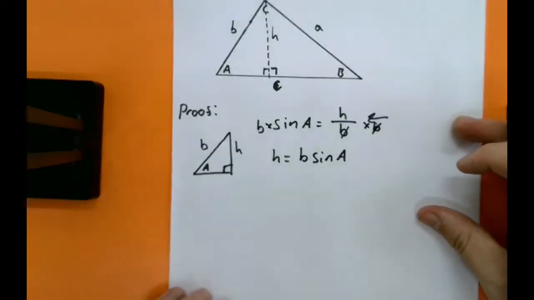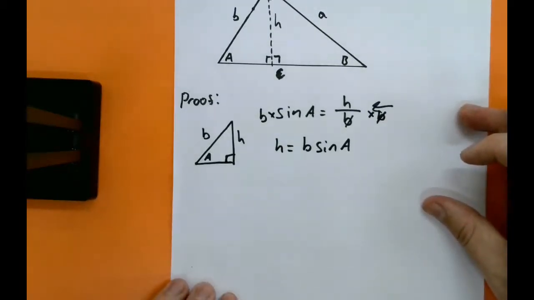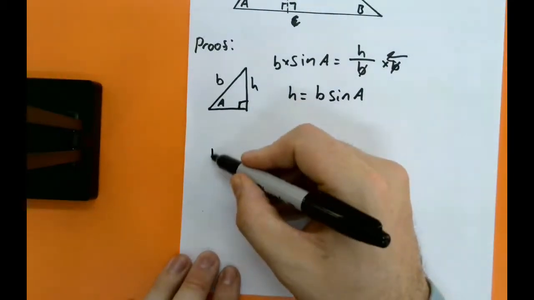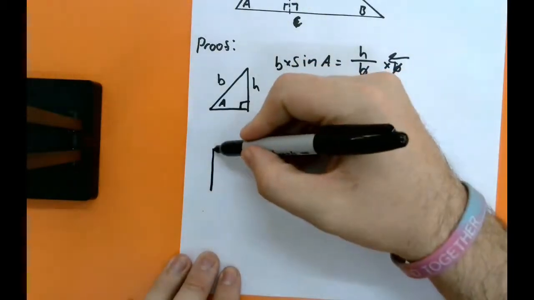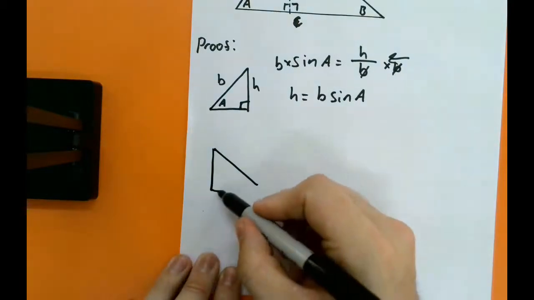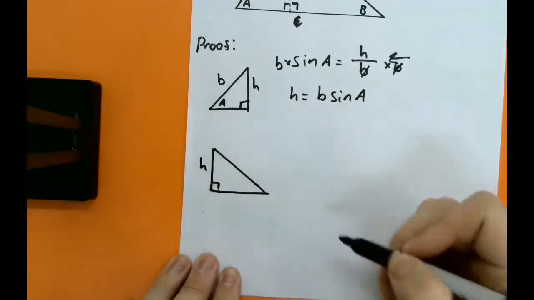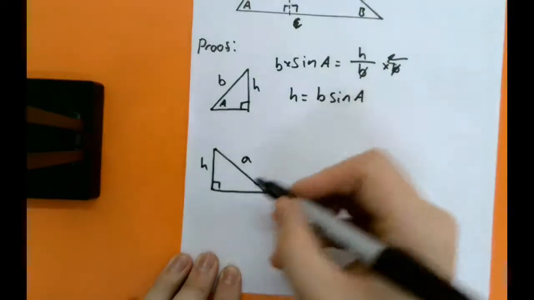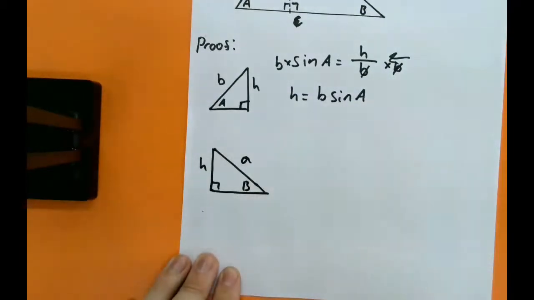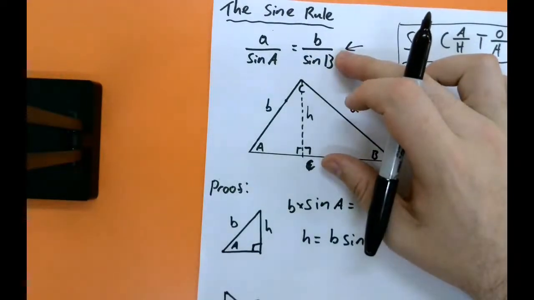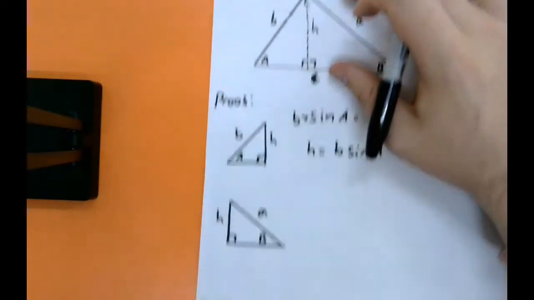Similarly, what we're going to do now is come across here and use the other triangle that we created from our diagram. Just like that, it also has a height of H, a hypotenuse of A, but this time we're talking about B. Again, if we come back up here to our formula, we're looking for sine of the big angle B, right?